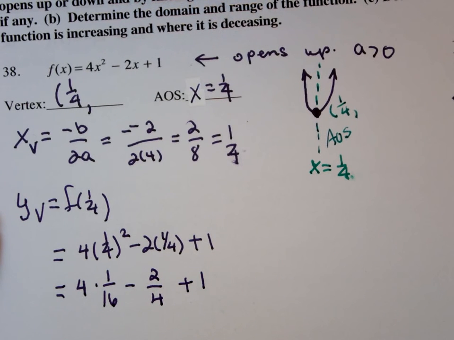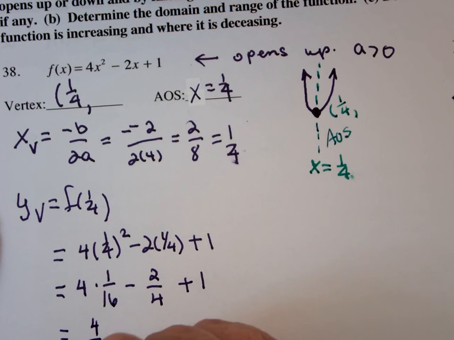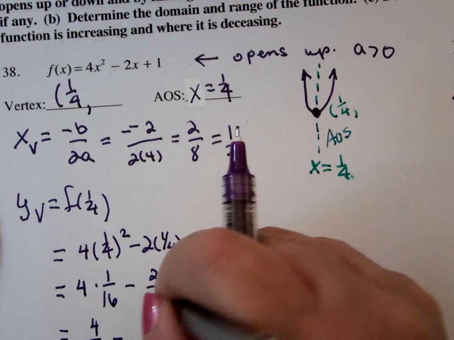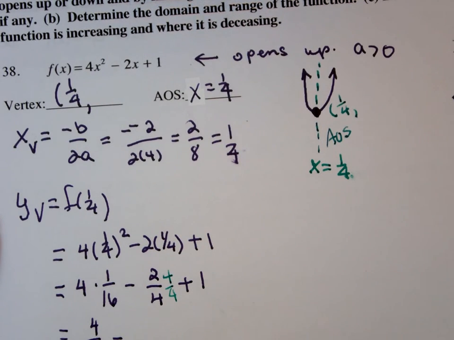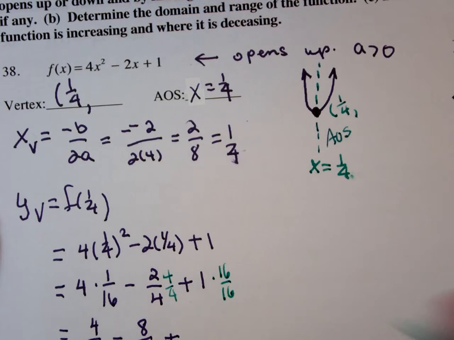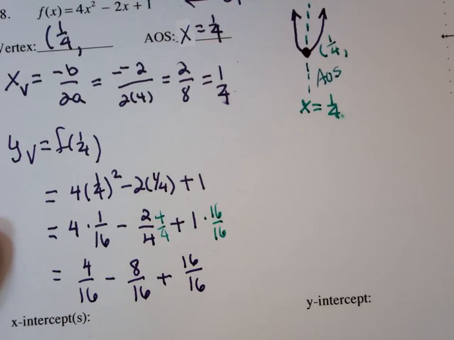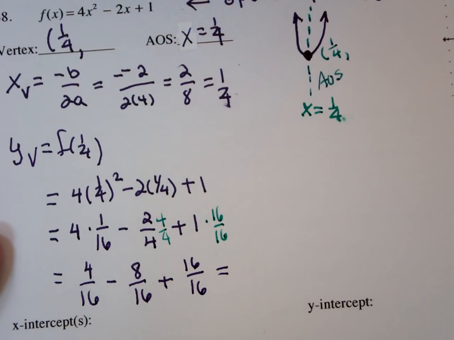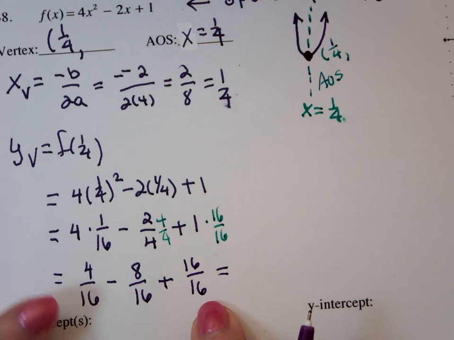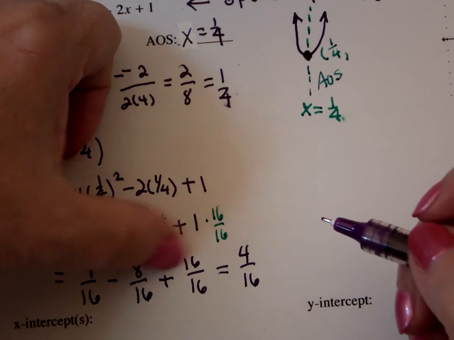And I can look at a common denominator being 16. So 4 over 16 minus, this is 4 over 4, 8 over 16, plus 1, I multiply by 16 over 16, equals 4 over 16, minus 8 over 16, plus 16 over 16.